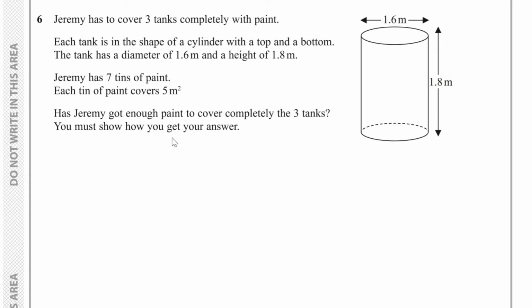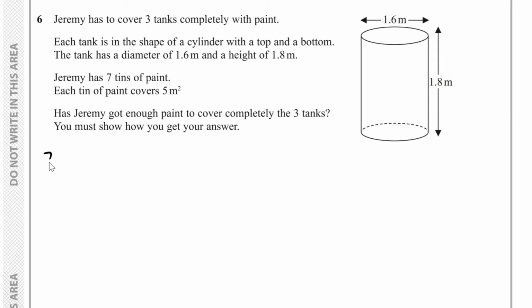Well, what we can do over here, first of all, we can find out how much these 7 tins of paint cover. If each tin of paint covers 5 meters squared, 7 tins of paint will therefore cover 7 times by 5, which is 35.